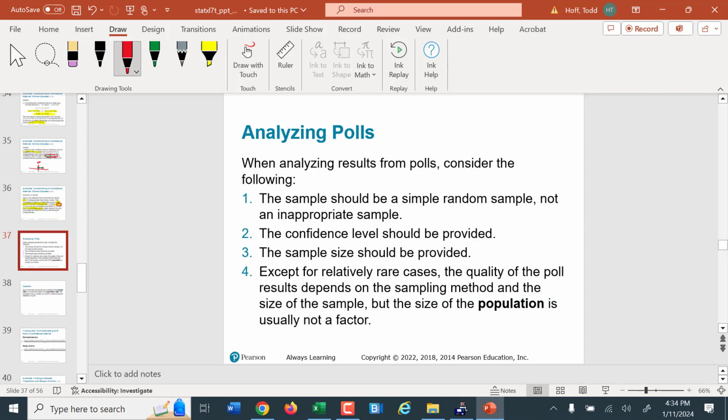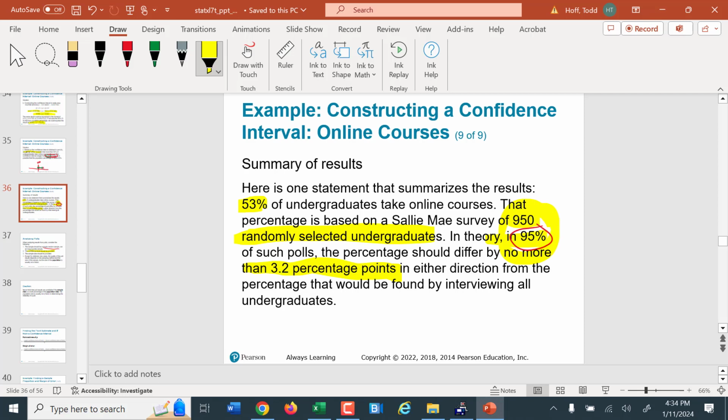So when we analyze polls, again, make sure it's a simple random sample, not some sort of inappropriate sample. Most of the samples you see presented for advertising or whatever are inappropriate samples. They're going to do whatever they can to try to get a sample that's in their favor. The confidence level should be provided, although it's most often not. Up here, we gave the 95%.